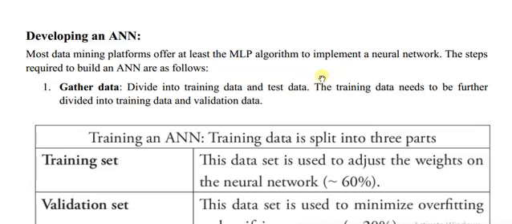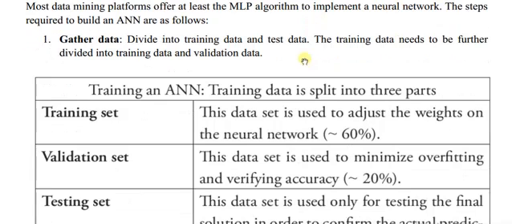What do we mean by training data and validation data? Training data is used to make the network learn, that is, it is used to adjust the weights of the neural network. Approximately we split the given data into 60% as training data. Then what is validation data? Validation data is used to minimize overfitting and verify accuracy.